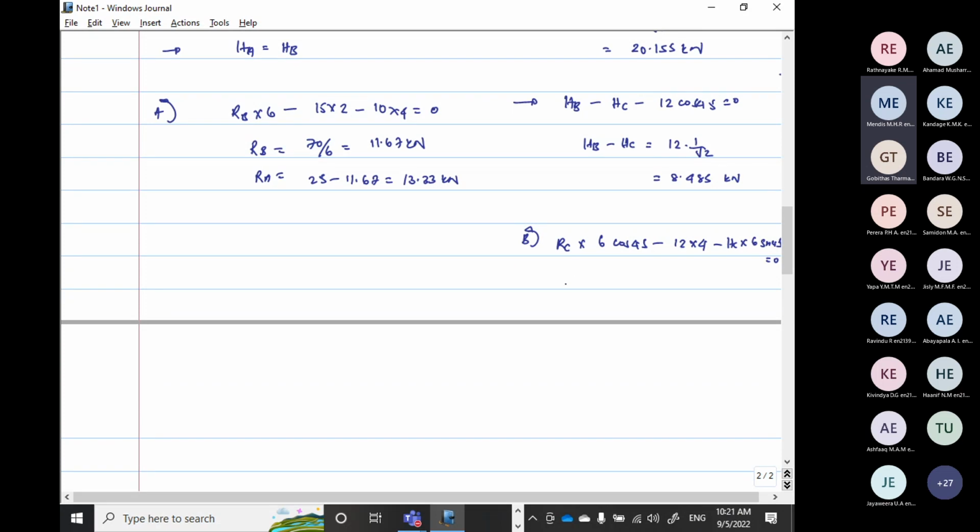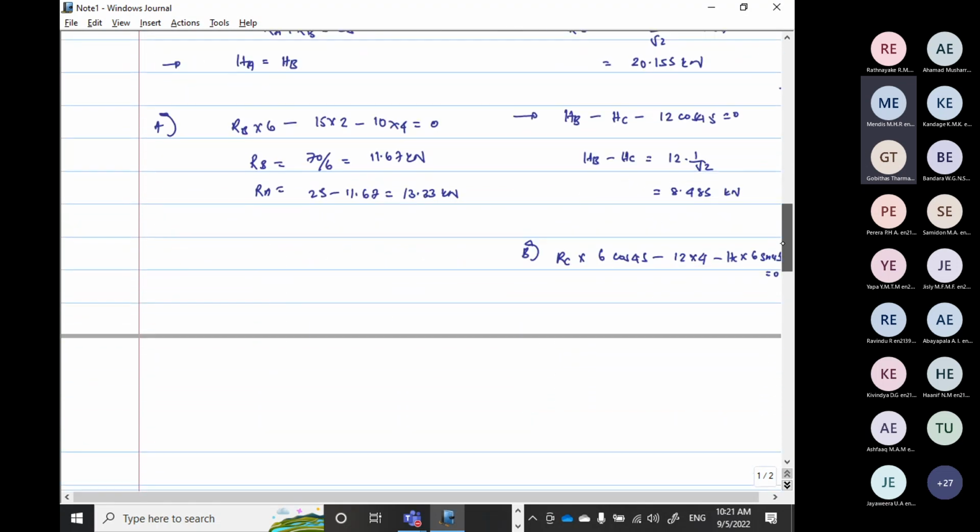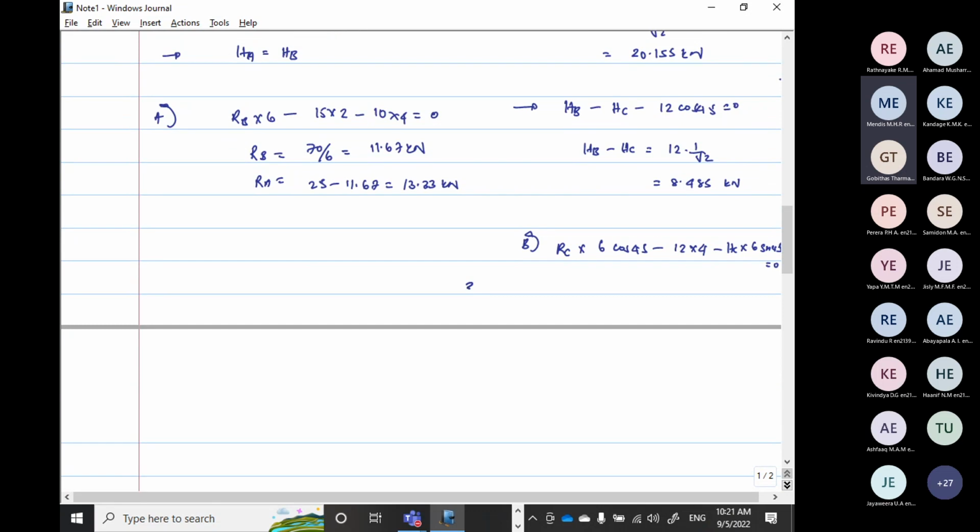RC is already known. RC value is 20.155. So 20.155 into 6 over root 2 minus 12 into 4, that is 48, minus HC, the unknown, into 6 over root 2 is 0.